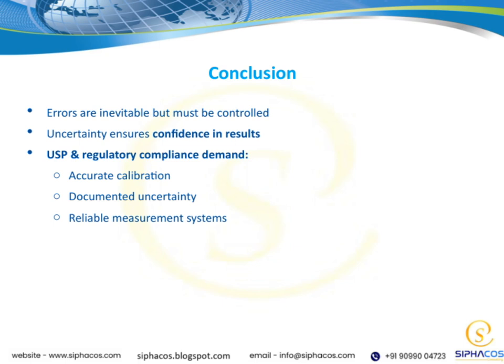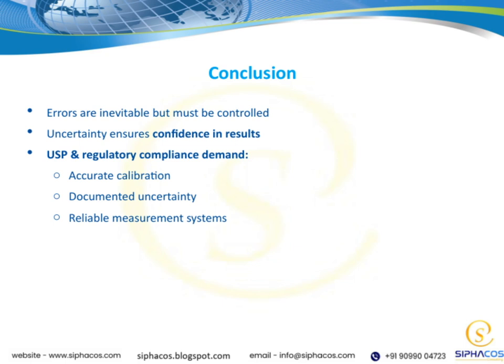Now, when it comes to meeting regulatory standards, there are a few critical requirements. First, accurate calibration is essential. Without it, our measurements can drift and lead to questionable data. Second, documenting uncertainty is just as important. Being transparent about the level of confidence in our results helps maintain trust and compliance.